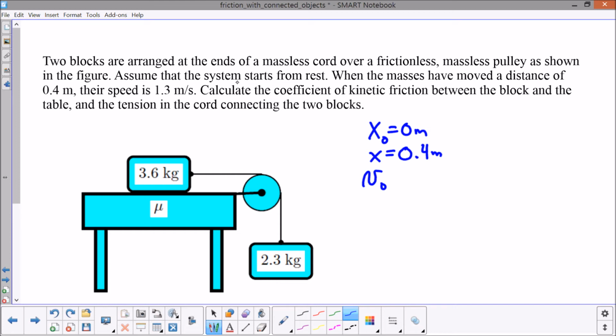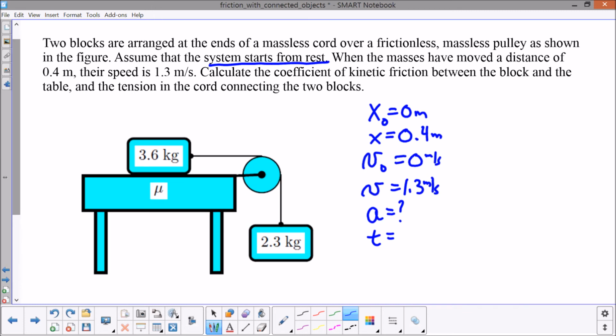We were told that the system starts from rest, so the initial velocity of each block is 0 meters per second. The final velocity of each block, they're moving together, so they each have the same speed at all times. So the final speed of each block is 1.3 meters per second. And we're trying to find the acceleration. We're not told the time, and that time is not going to be important for finding this.